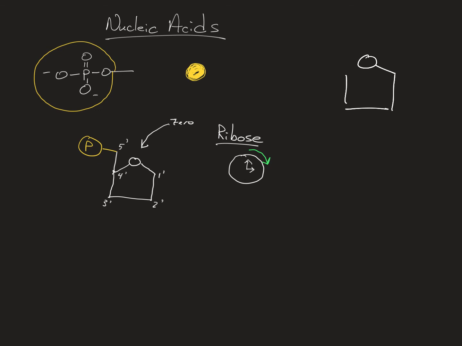It looks like a home plate in a baseball field, a pentagon, and then this carbon would be connected to a phosphate here. Each of these is going to have an OH and an H alternating. So OH connected to it and an H down.